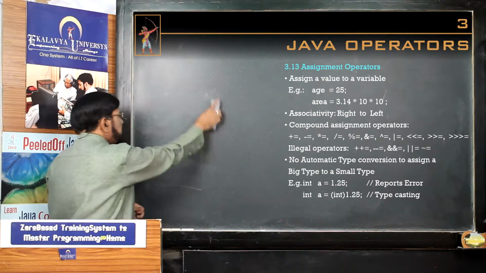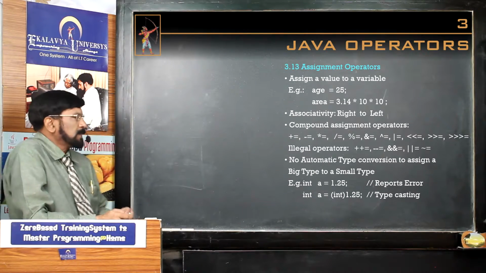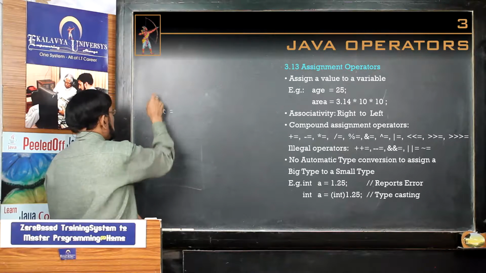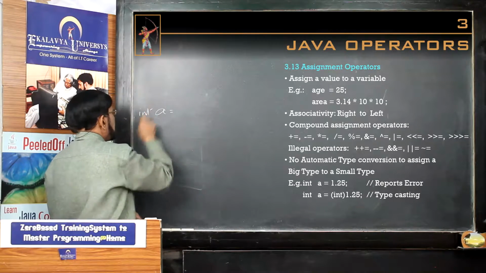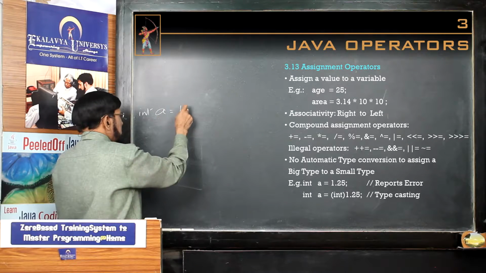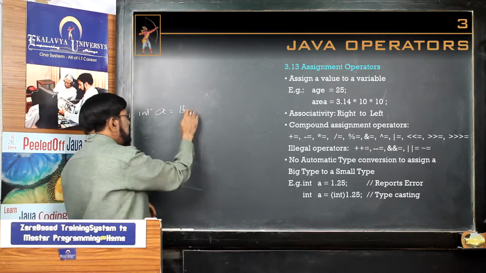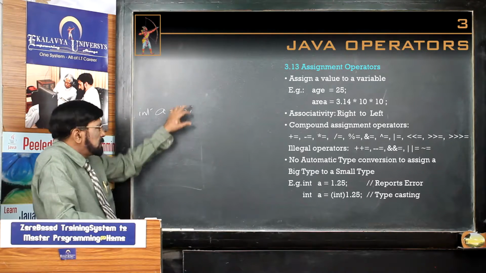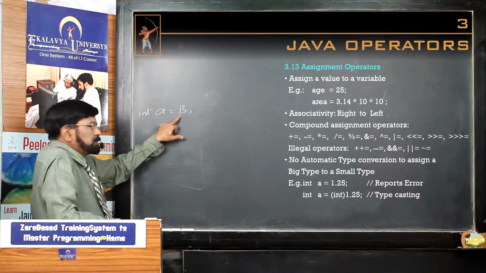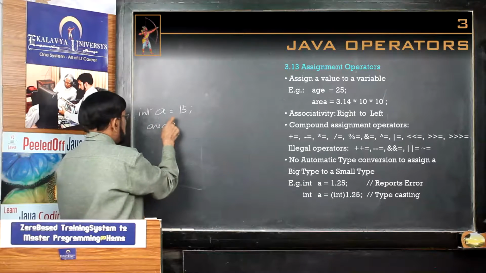And as far as the assignment operator is concerned, certain facts you have to understand. Here we write an assignment statement like this. Suppose int A. Whatever element you write on the right hand side, that is assigned to that. Here only a single expression is there. You may write multiple expressions also.